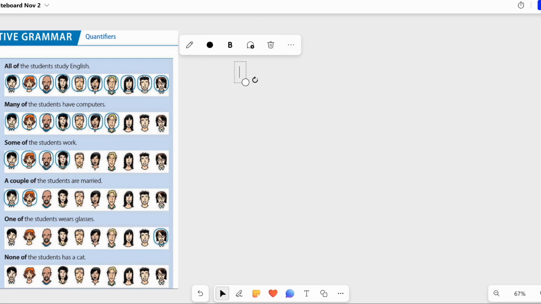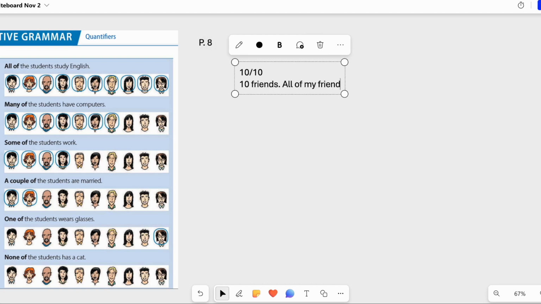A quantifier is when you say, for example, 10 people, 10 people out of 10 possible people. For example, I have 10 friends, and then you say all of my friends are from Miami.